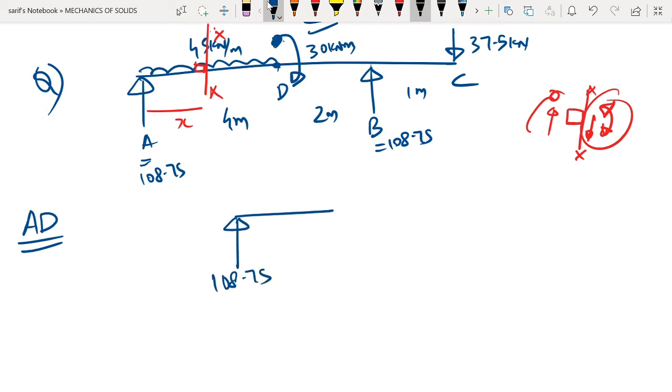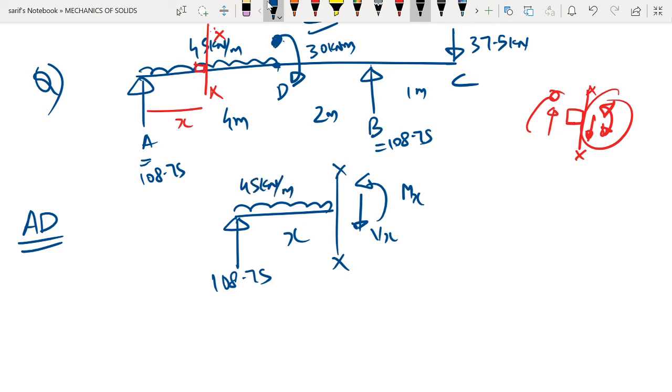So if you zoom this diagram, this is how it is going to look like. So if we try to find out the value of the shear force, what we are going to have is minus Vx plus 108.75 minus 45x is equal to 0.